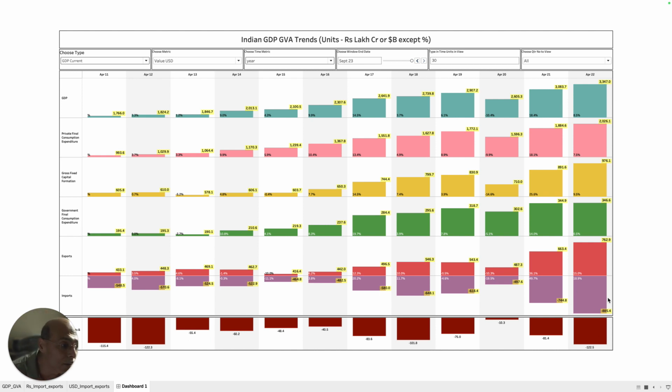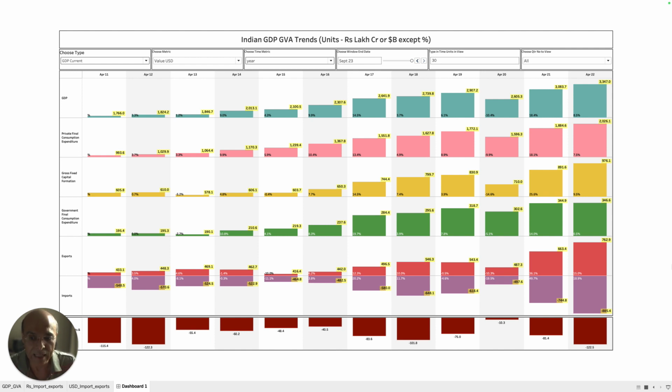Why? Because of this. Look at this. Minus $22.5 billion of gap between imports and exports. So the import numbers are pulling down our GDP. If we are able to contain our imports, I am quite confident that our numbers are going to shoot up. That's where the focus should be: to drive up the exports and contain our imports.